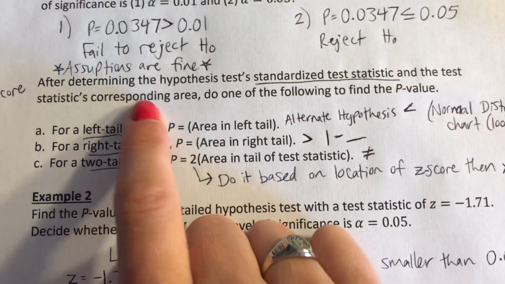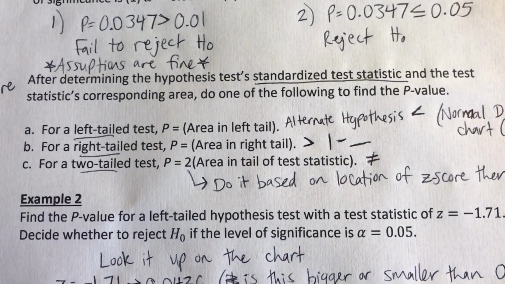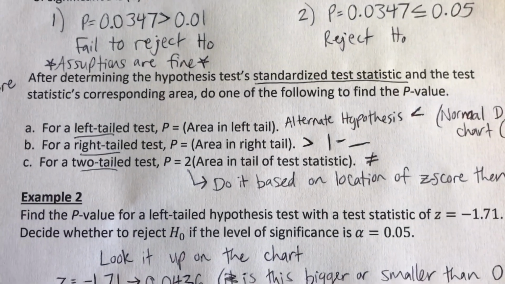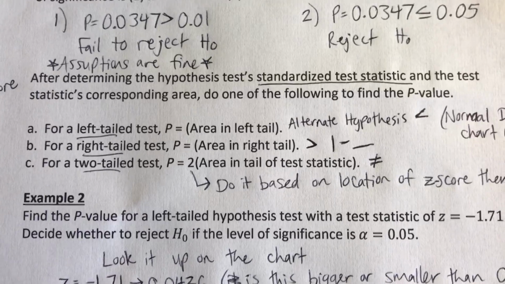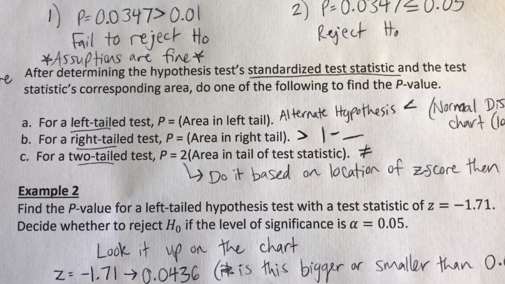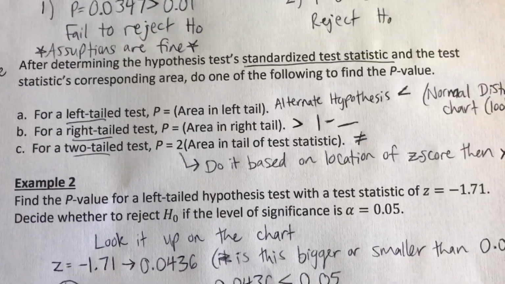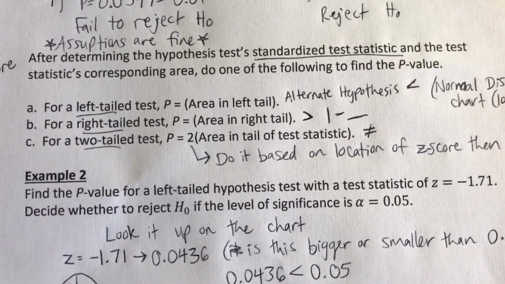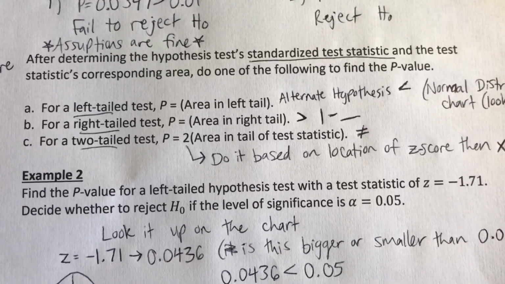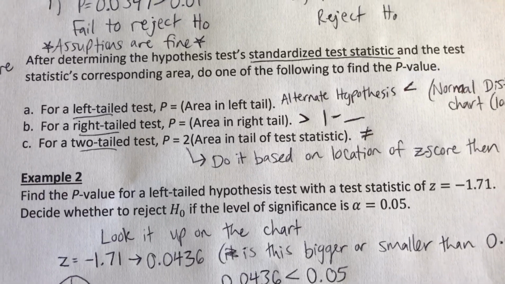Okay, after determining the hypothesis test standardized test statistic and the test statistic's corresponding area, do one of the following to find the p-value. Sometimes you'll have a question where it will tell you specifically for a left-tailed, right-tailed, or two-tailed.